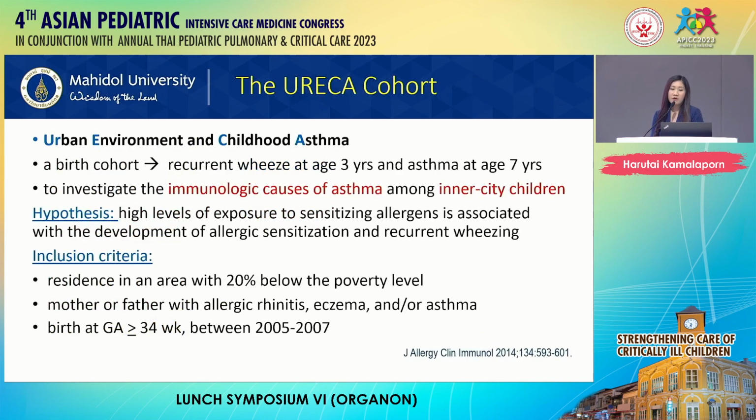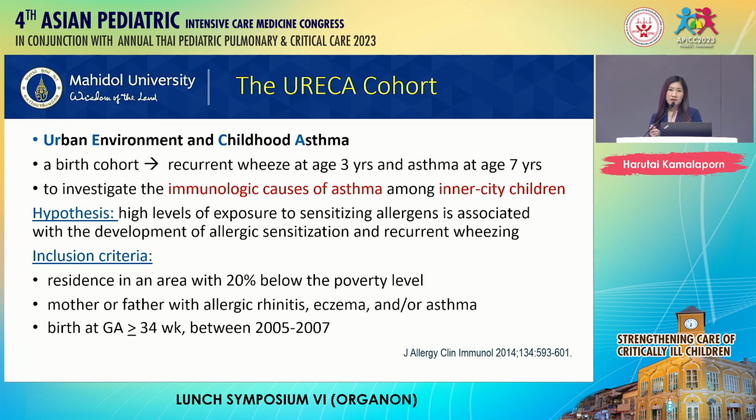There was the URECA cohort, the Urban Environment and Childhood Asthma study, that followed children from birth until the age of 3 years, and again at the age of 7, to investigate the immunological cause of asthma among inner-city children.